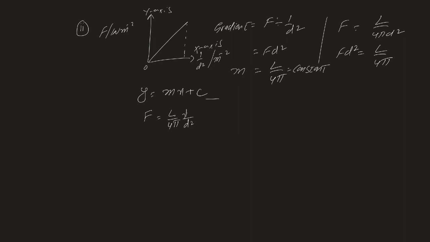In this case there is no y-intercept because the line passes through the origin. So F is proportional to 1 over d square. It means if d is larger, then F will be smaller, and the object is far away from a star.